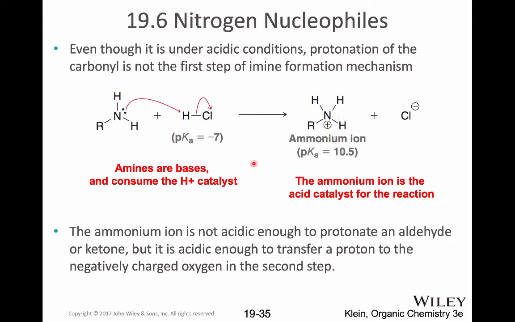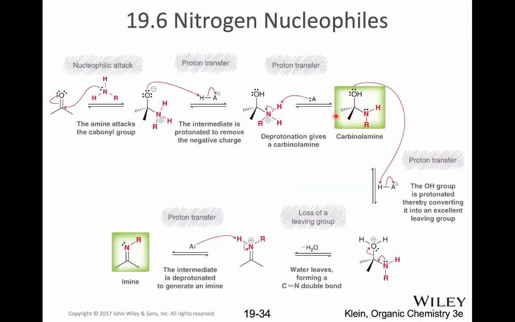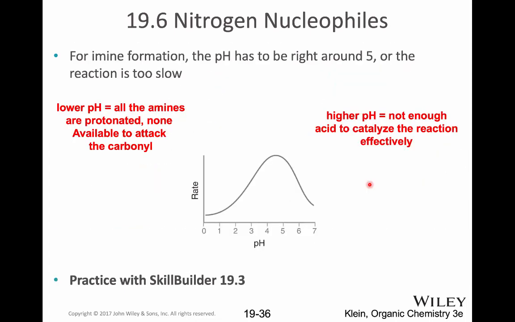This ammonium salt is not acidic enough to protonate the carbonyl, but it is acidic enough to protonate the oxygen of this intermediate. All of these proton transfers are coming from the ammonium salt. This brings up an important point.